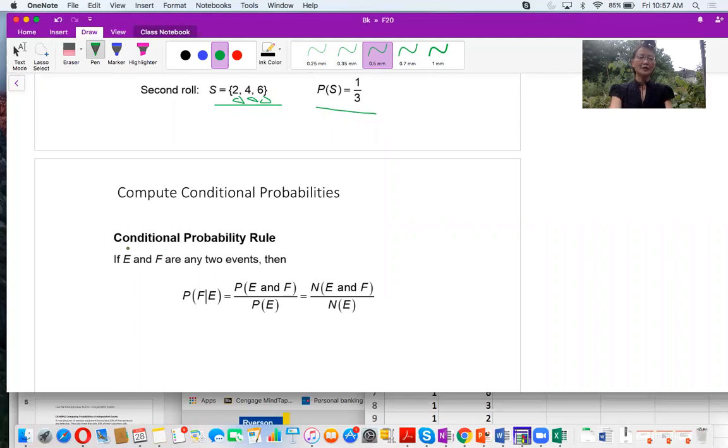The formula for conditional probability is, suppose E and F are 2 events.